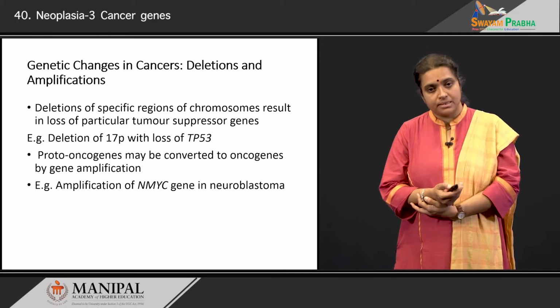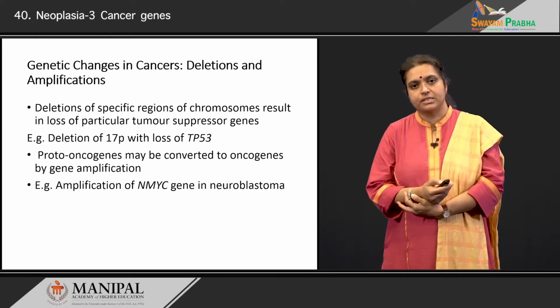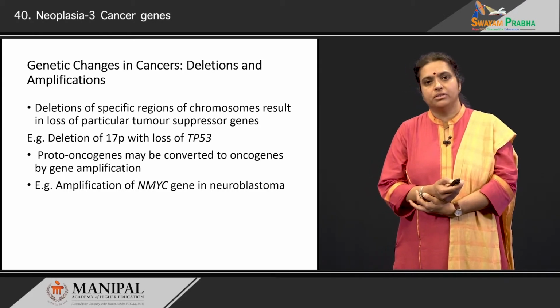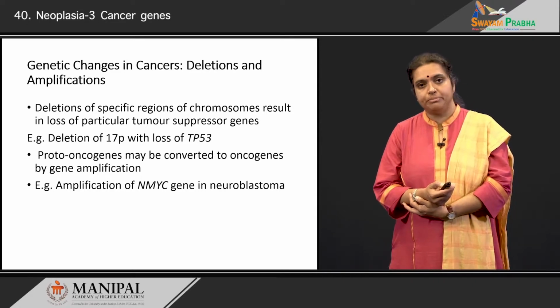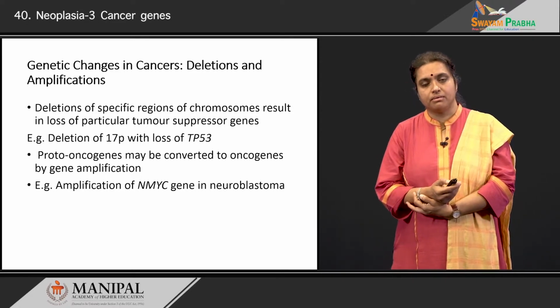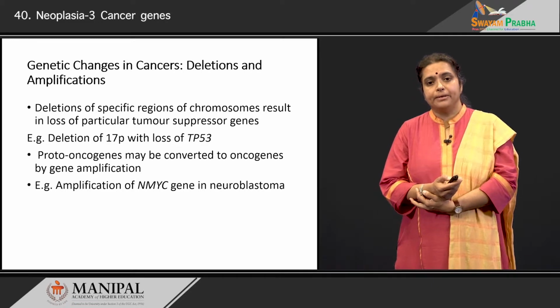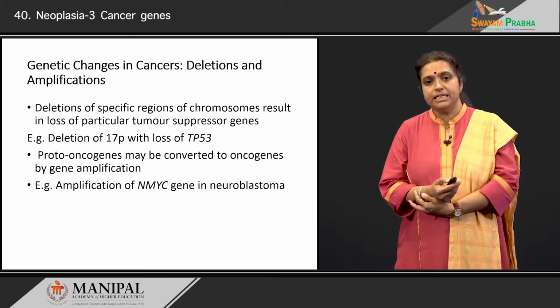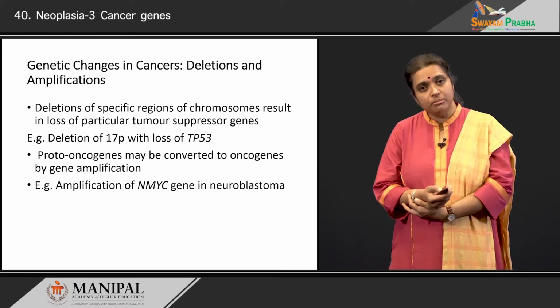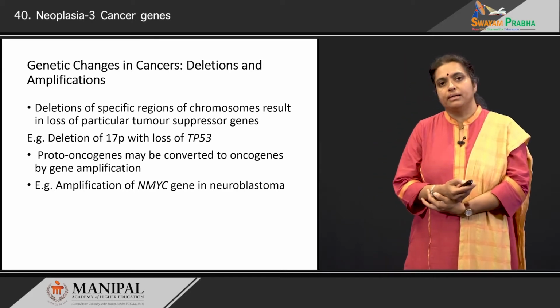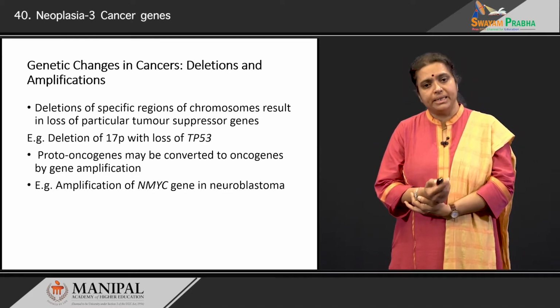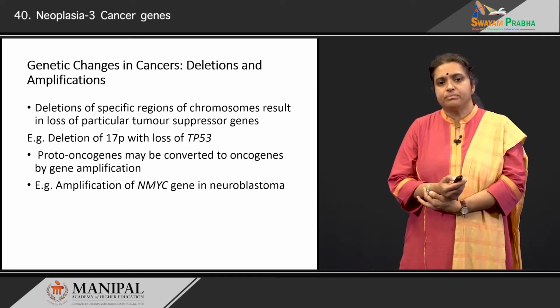The most famous example is the deletion of 17p, with loss of the TP53 gene within this location, and this leads to the loss of the normal function of p53 and leads to the cell becoming malignant.